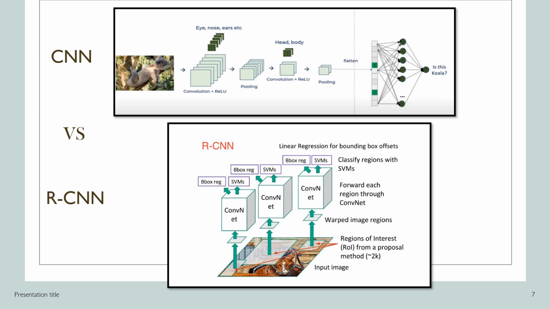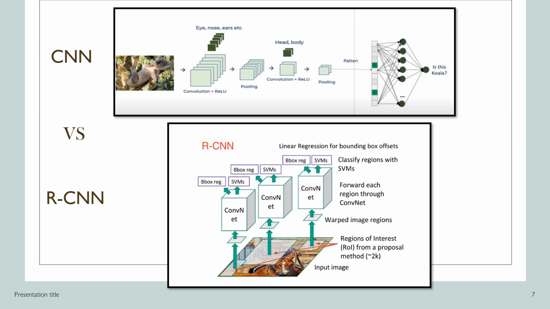Then next for R-CNN, as you can see, when we get the data set or the picture, first they will make an ROI, or region of interest, from a proposal method. Then from the ROI, they will do a CNN on this region from the proposal method.